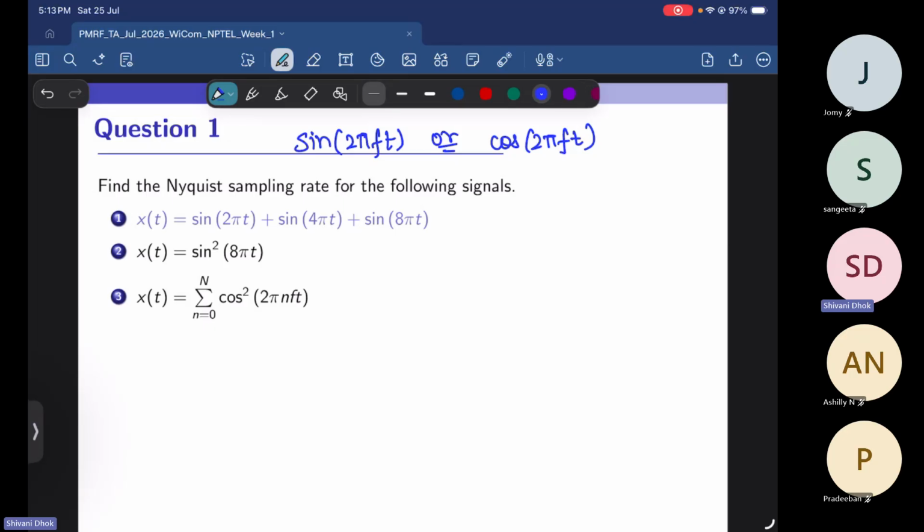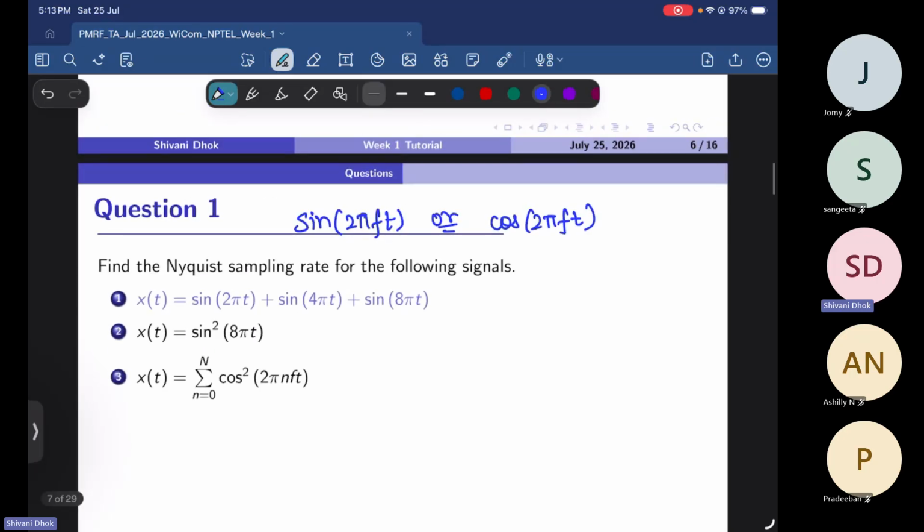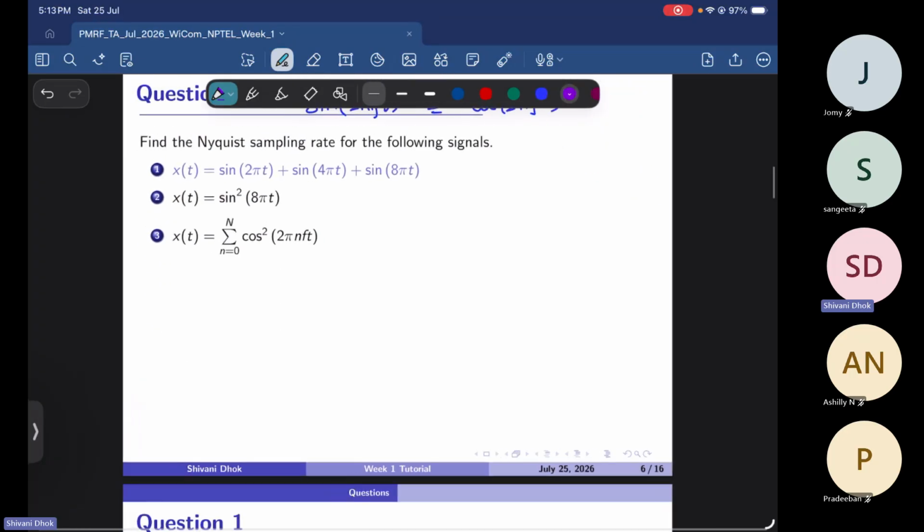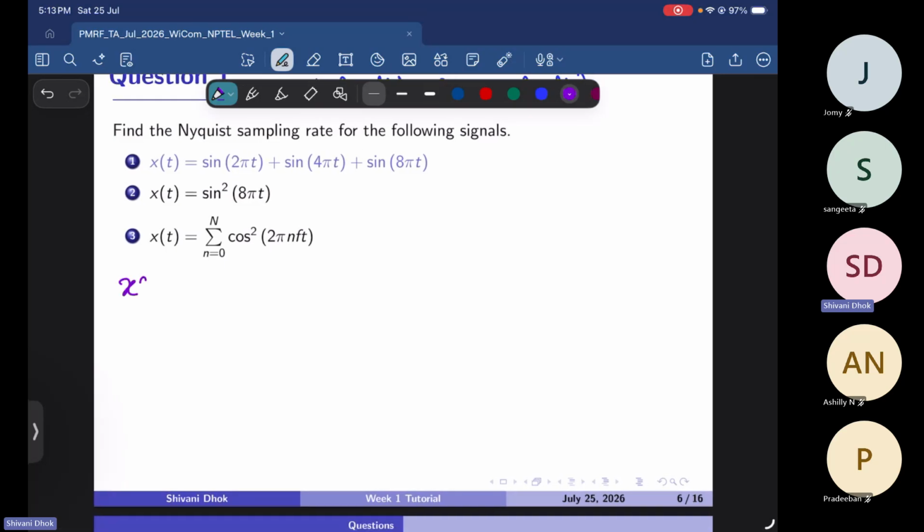So if we write each component of this signal in the standard form, we can write x of t as sine 2 pi 1t plus sine 2 pi 2t plus sine 2 pi 4t.